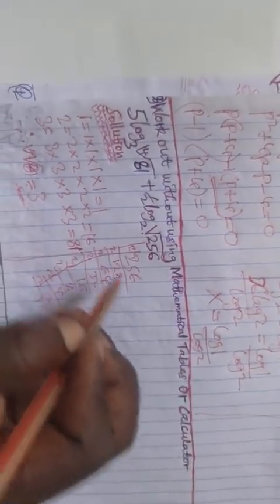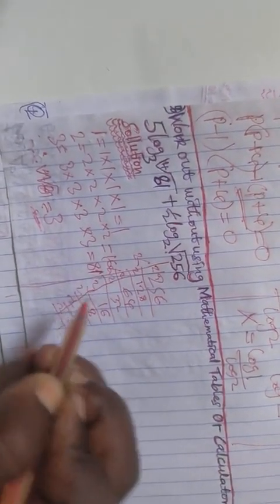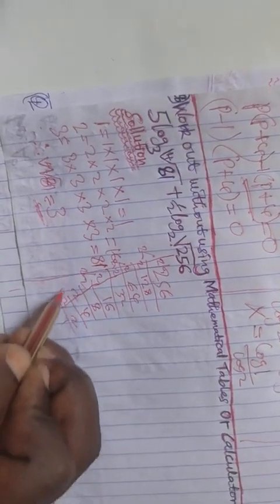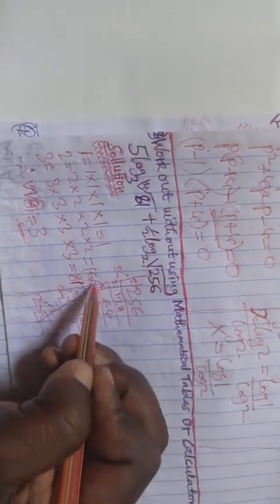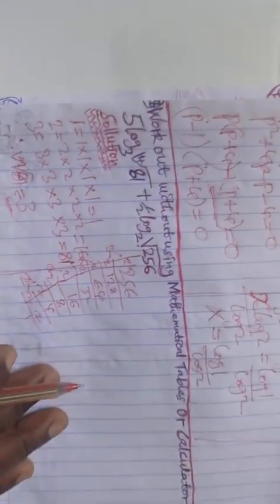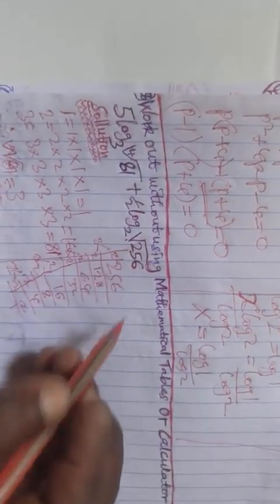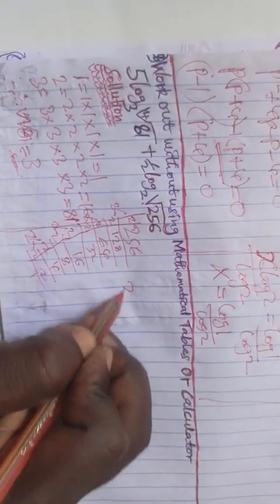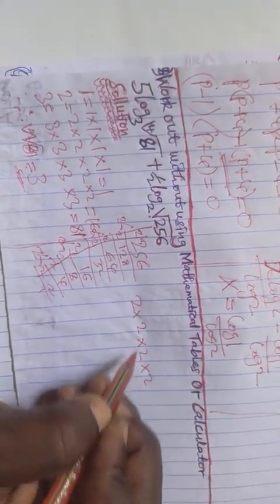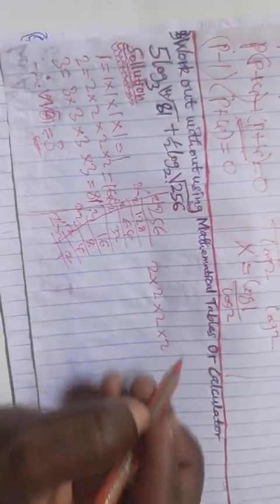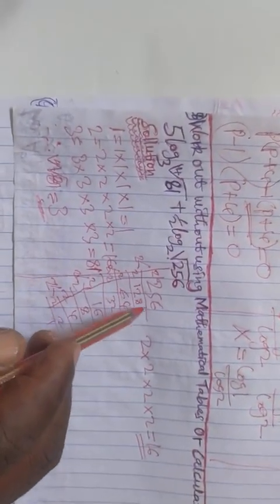Therefore, we group the 2's. The 2's are 1, 2, 3, 4. So the square root of 256 is given by 2 times 2 times 2 times 2, which is 16. The square root of 256 is 16.